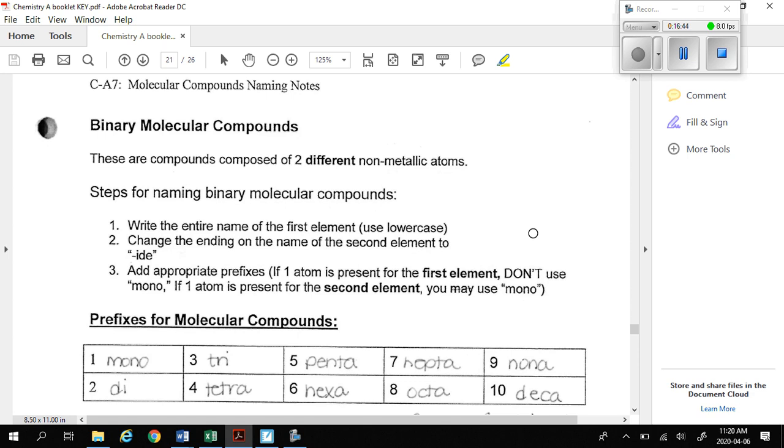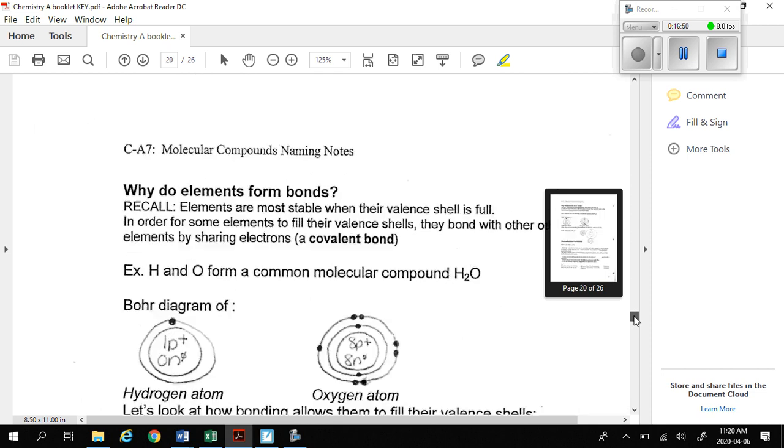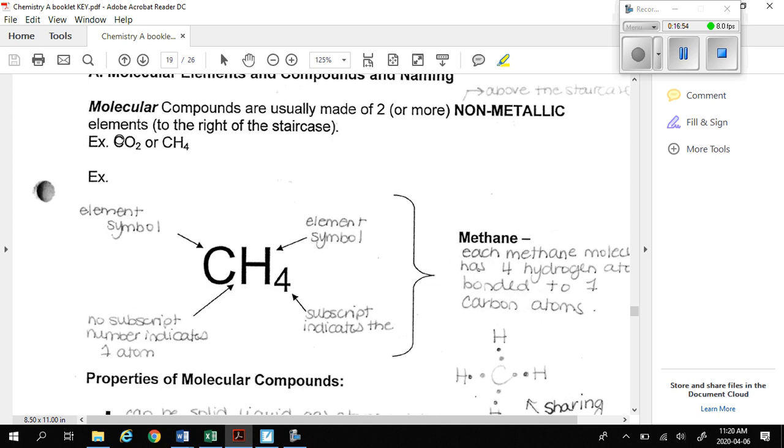So the example that I'll use is CO2. So based on those rules that are on that other page, it says write the name of the first element. So the first element is carbon, so you write carbon.